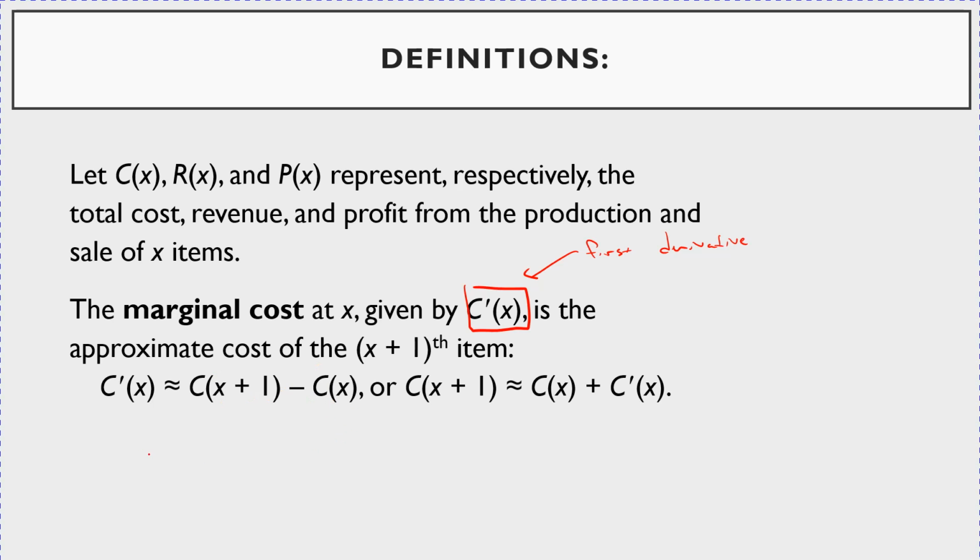Another way: the cost of producing the x plus 1 item is the cost of producing x items plus the marginal cost. But for our analysis in this class, marginal cost is just the first derivative of the cost function.